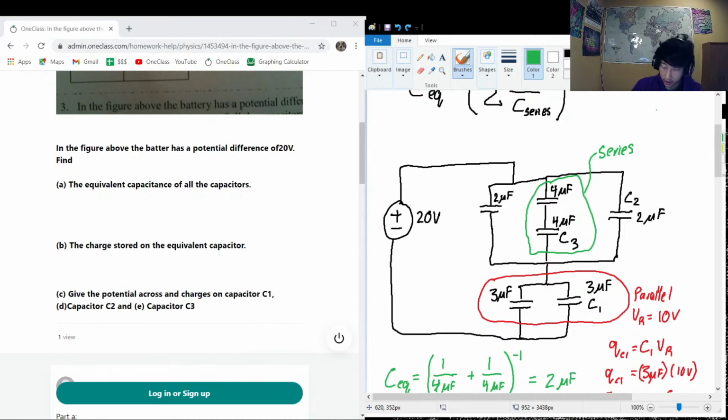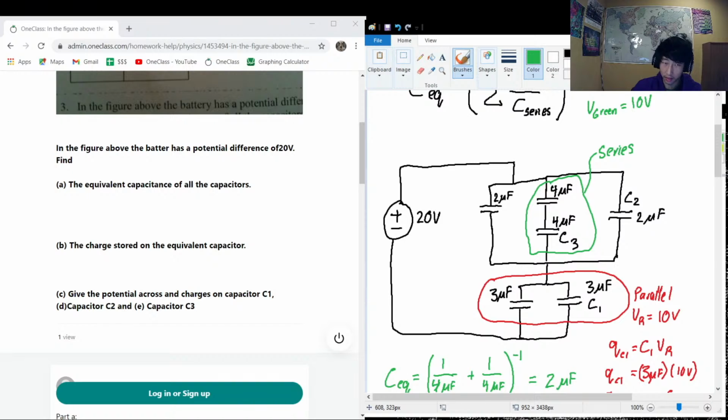We know that the voltage across that whole series is the same as the voltage across C2. So we know that V green is going to be equal to 10 volts, right? Because it's in a parallel path, and we know that C2 has 10 volts.